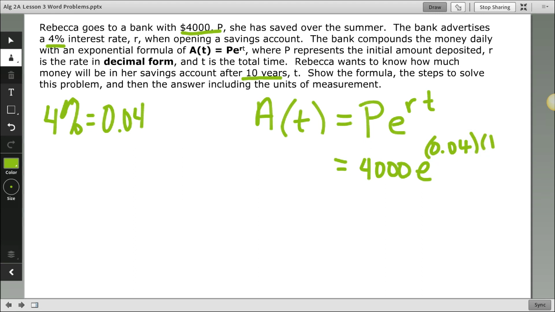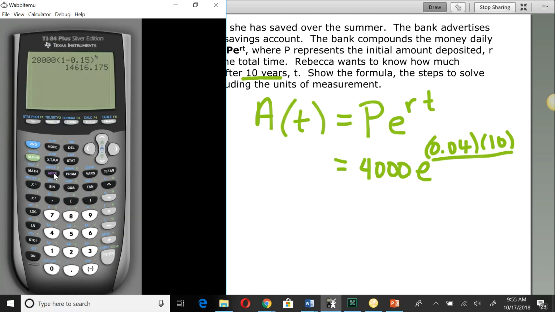Now, one of the things that people are doing to mess this problem up is they're not multiplying this correctly. So we're going to go through that, and then we're going to actually use our calculator to work it out. I'm going to show you how to do that with a calculator too.